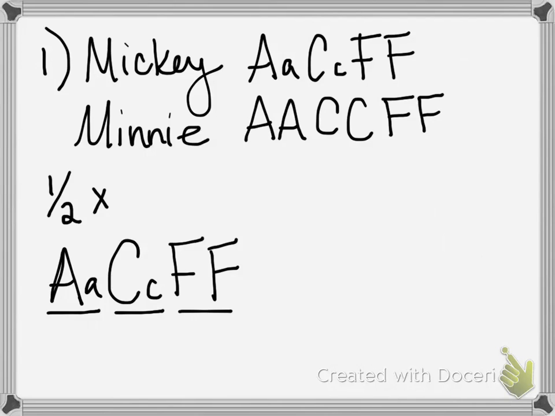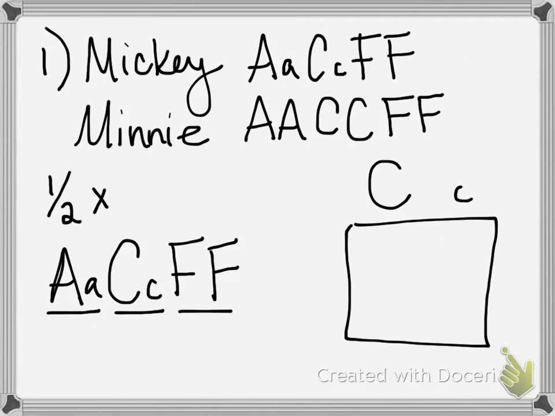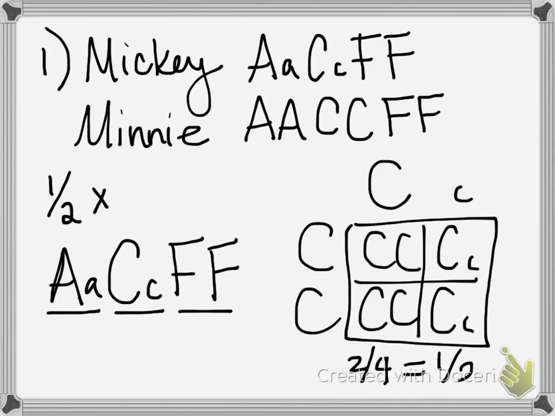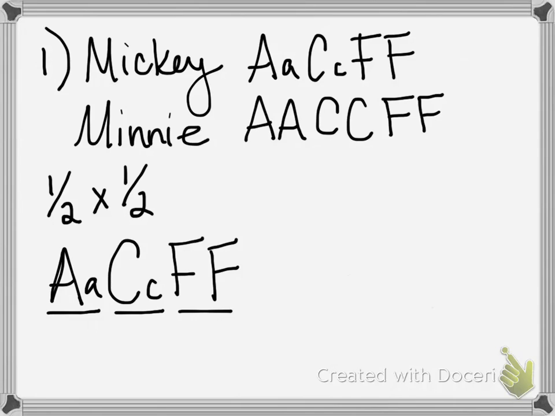You do the same thing for the C gene, and you see that again, the answer is 2 out of 4, or 1/2. So you write that over here. And lastly, you do the F gene.